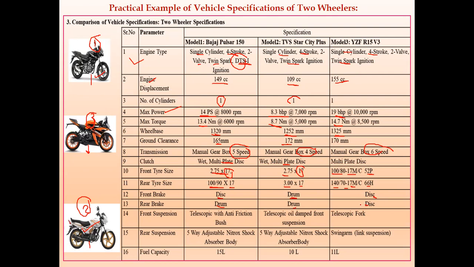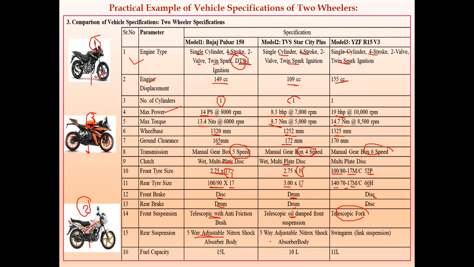Now suspension. In case of the front, here it is a telescopic fork with anti-friction bush. Here again a telescopic oil damped system. Here we have a telescopic fork system. For the rear, here it is a 5-way adjustable Nitrox shock absorber.